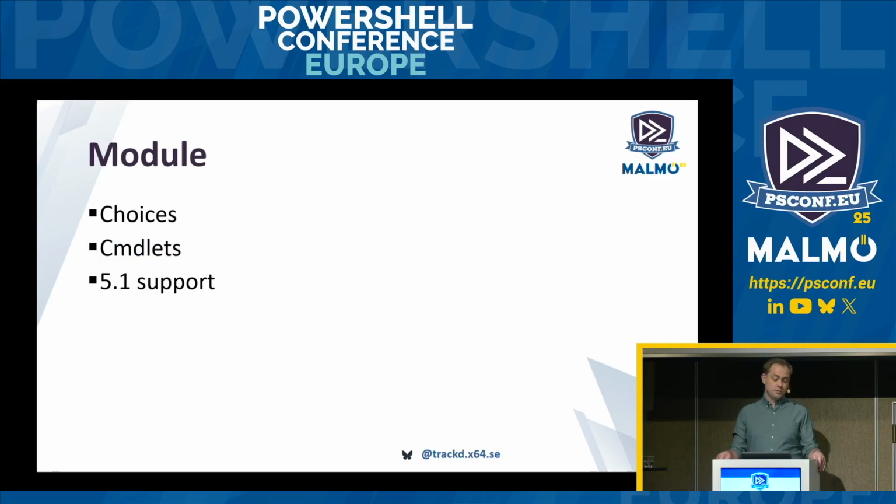So the choices with the module, I wanted to do a binary module, mostly for performance reasons and ALCs, as I said. I wanted to have something that was easy to use. And if it was possible, I wanted to have 5.1 support. I didn't at the beginning, but I did add it later.